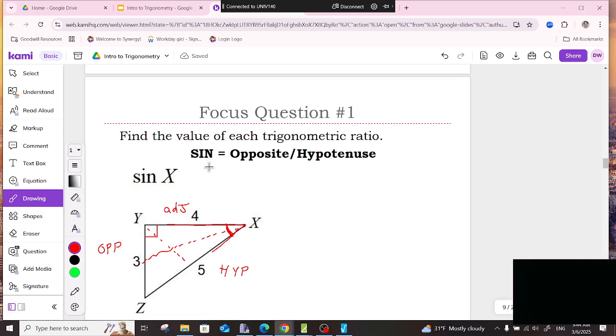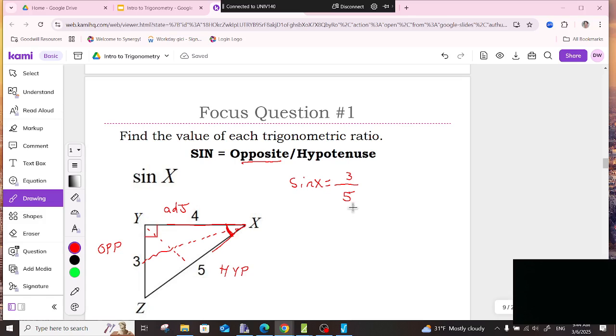So if I want the sine of x now, what two sides am I going to use? It says opposite. What number was opposite? And what number is hypotenuse? 5. Can I reduce this fraction or is it already reduced? It's already reduced.